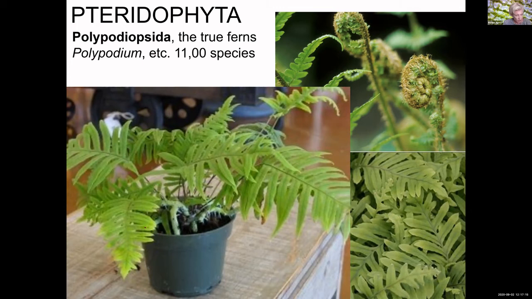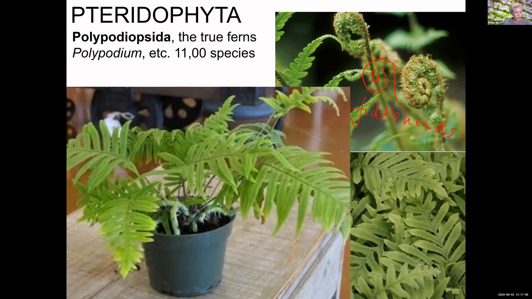Polypodium is a really common house plant, a kind of fern plant, and we're going to call these the true ferns. They grow with these little fern curlicues that are called fiddleheads. So that's one way we know we are looking at a true fern, if we can see some baby leaves growing and doing that curlicue.